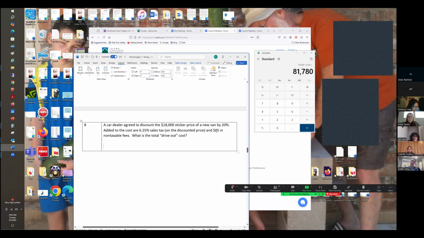There are a couple of ways of doing this. One way is 18,000 multiplied by 0.20. And there's nothing wrong with this. It's just a little awkward. 20% of that is 3,600.